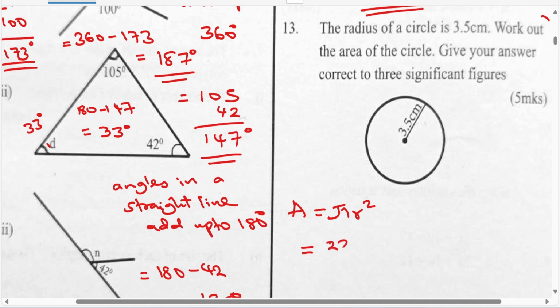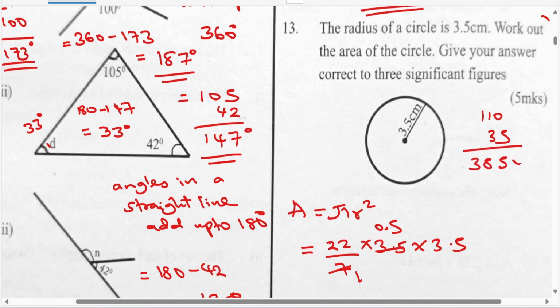So 22 over 7 times 3.5 times 3.5. Okay, so 7 by 7, 1 by 7, 0.5. So basically you're taking 22 times 5 times 35. Okay, 22 times 5 times 35. 22 times 5 is 110. 110 times 35 becomes 3,850.